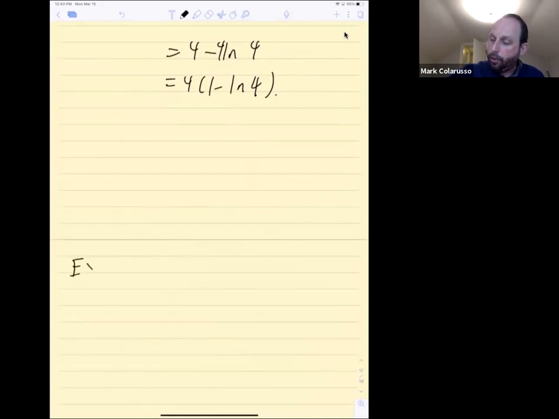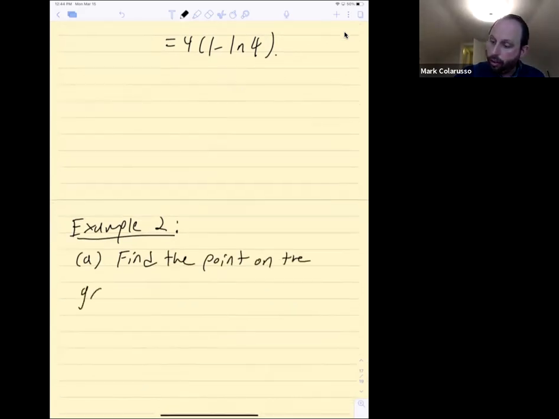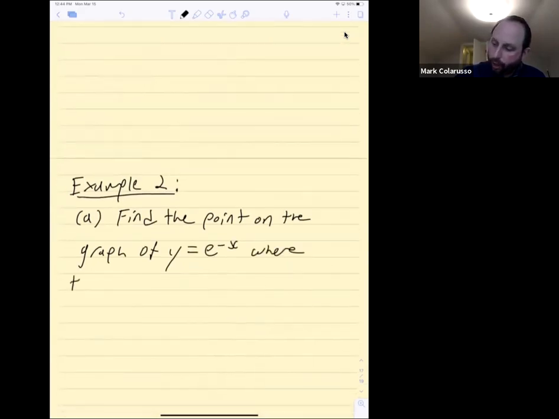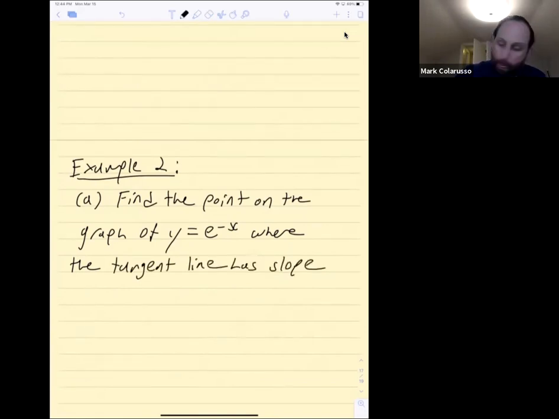So example 2. Part A: find the point on the graph of y equals e to the minus x where the tangent line has slope -8.